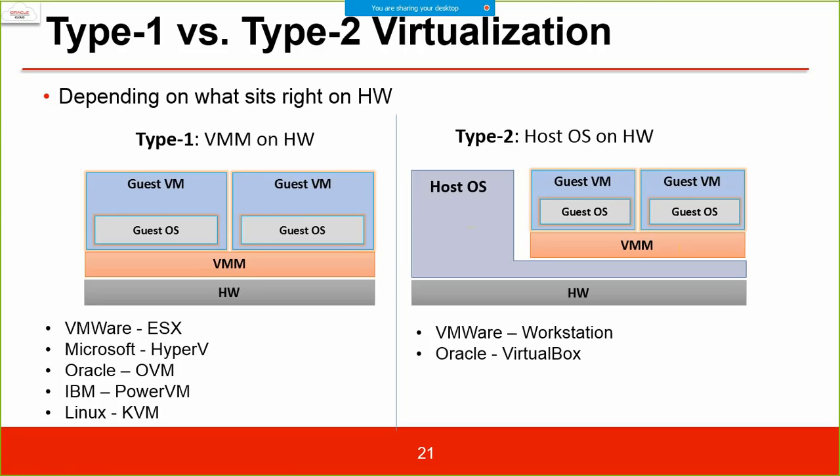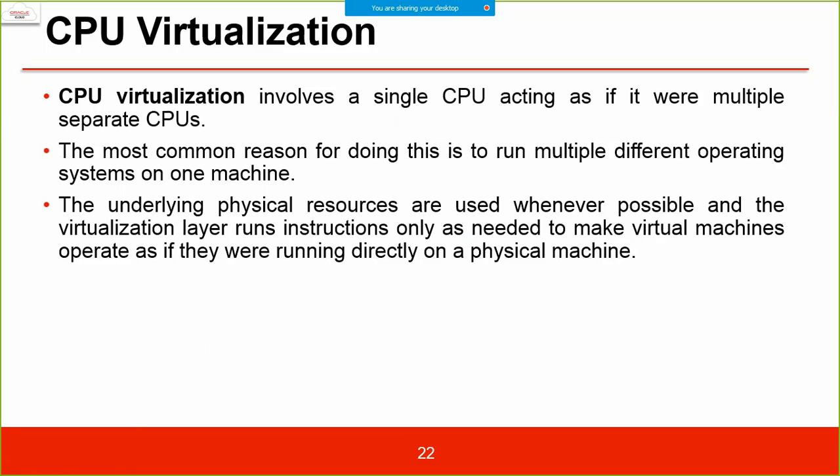So if we have an operating system running independently, applications running on that operating system independently, and then we install a hypervisor on top of that operating system and create guest machines on it, that is a type 2 hypervisor or type 2 virtual machine manager. So type 1 and type 2 are the two virtualization concepts.